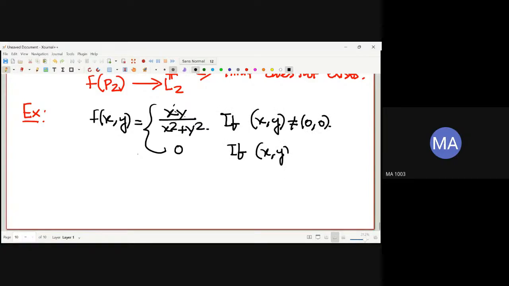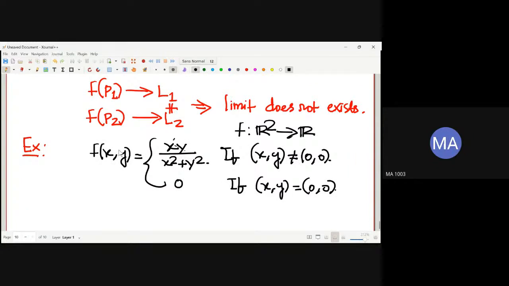So this is a well defined map from R2 to R2, right? Yes, sir. Now this is your domain.